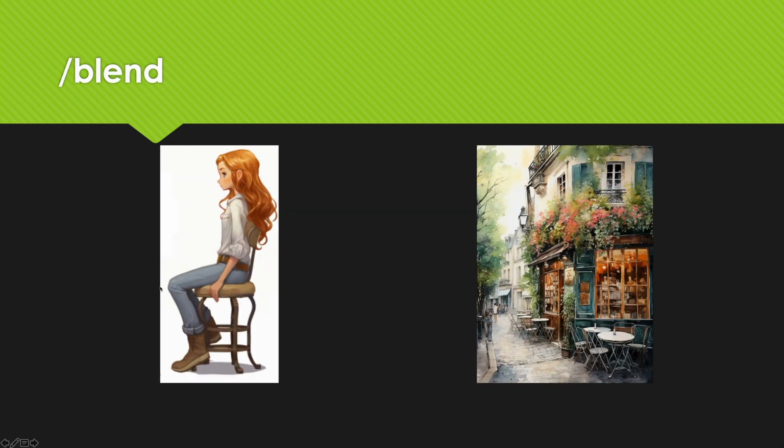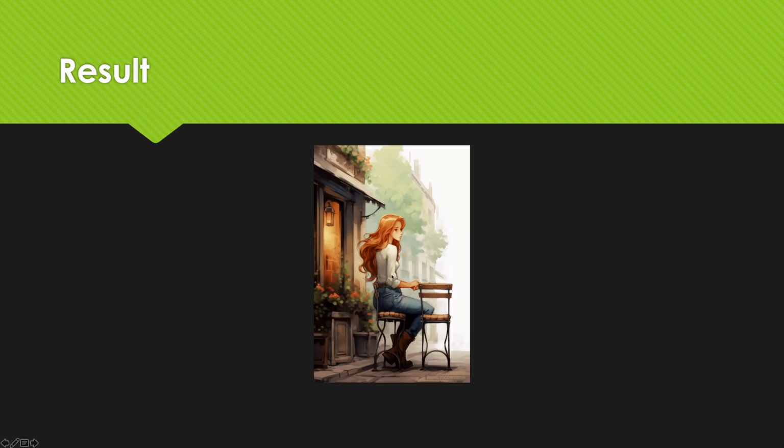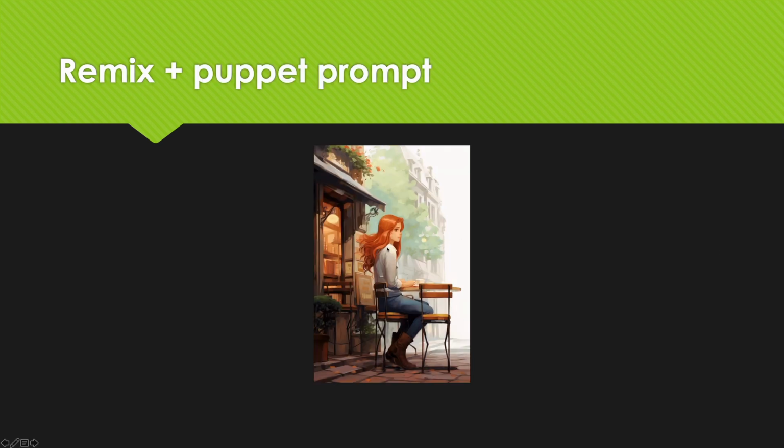So we've got blend. We're going to blend these 2 images together. This is the result. And then we can remix and use the puppet prompt that we used before. So this is already, I think you could honestly use this in a storybook. She maybe does look a little bit too old, but like I said, that's an issue with Midjourney with making middle grade type images.